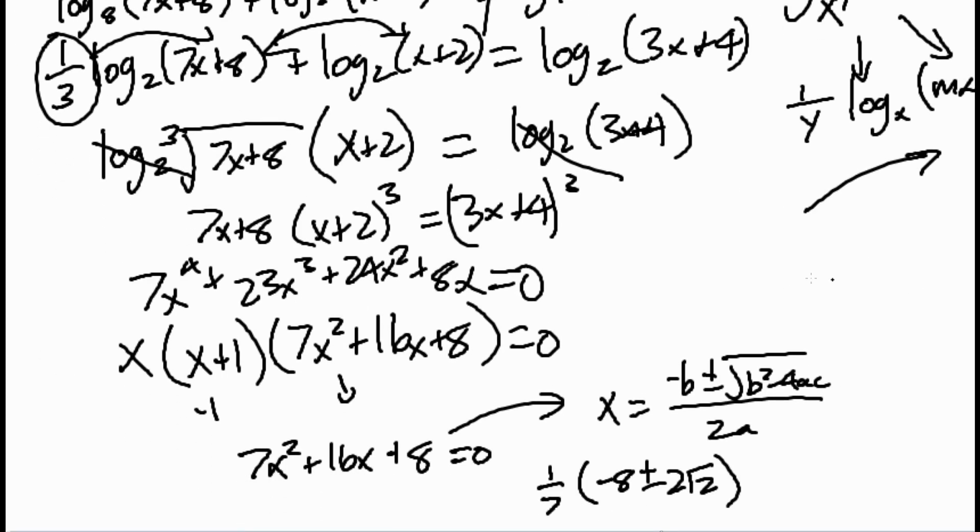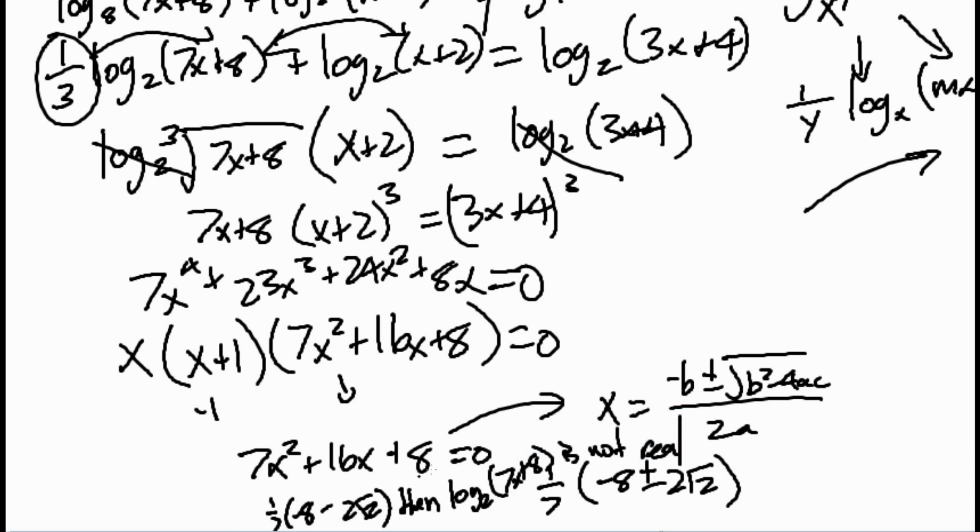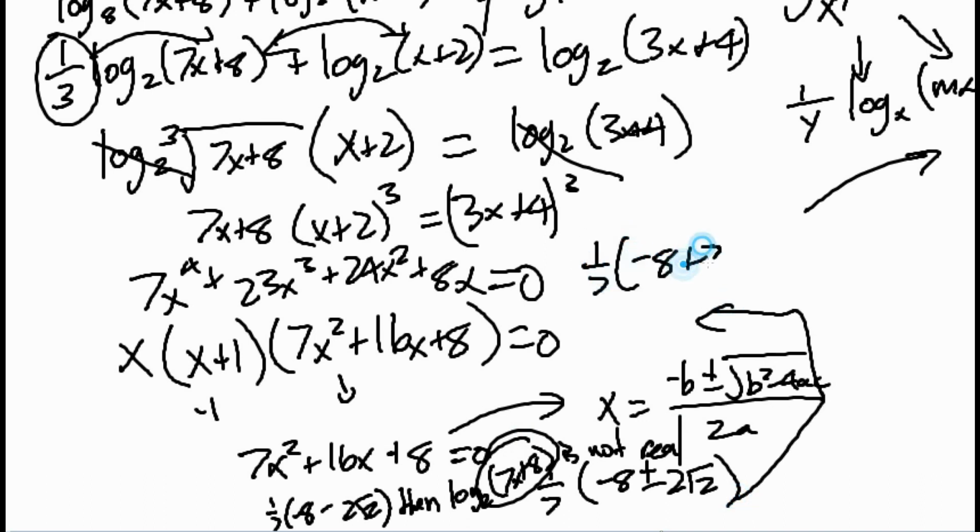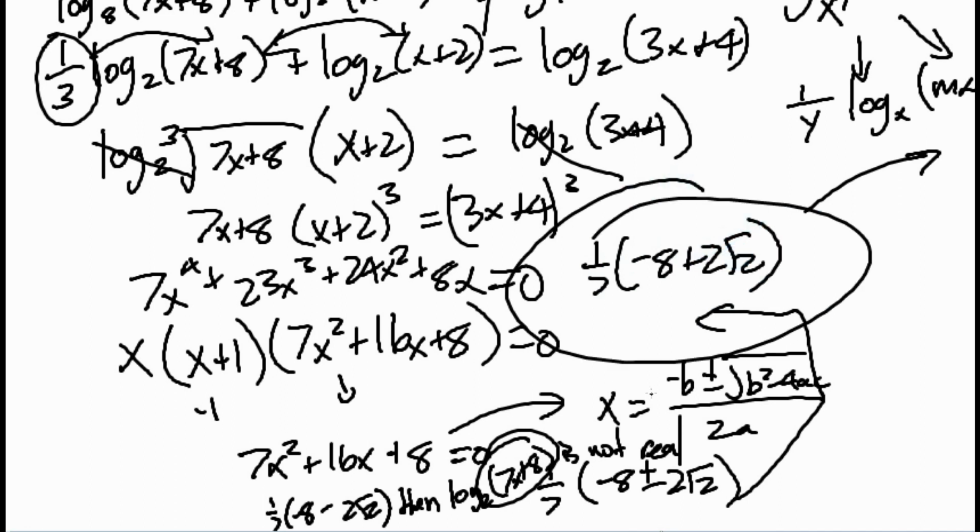So if you have 1/7 times -8 minus 2 square root 2, then log base 2 of 7x plus 8 is not real. The thing in there will be negative, so it won't work. So we only have one solution left, which is 1/7 times -8 plus 2 square root 2. Okay, thanks for watching. I hope you guys have a good week.